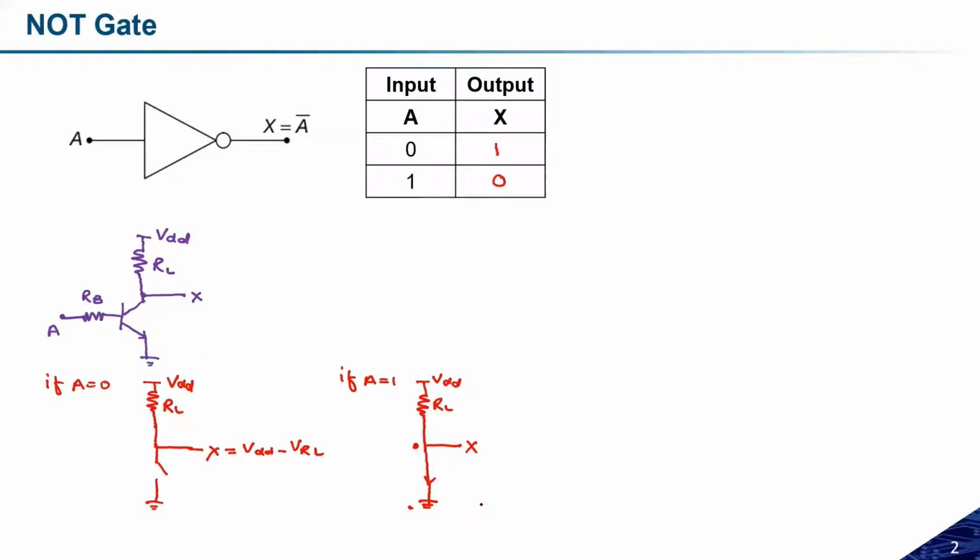If the RL is very small, the pull up, the upper side, will start dominating. So we need to keep RL somewhat higher so that it cannot start dominating. So this is how the equivalent circuit looks like, and both the logics work.